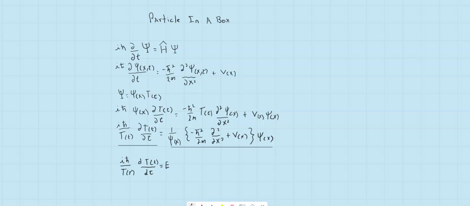So I'm going to solve that equation right here. I have this on top of the capital T of t, the function. So I'm going to move this to the right side and integrate.